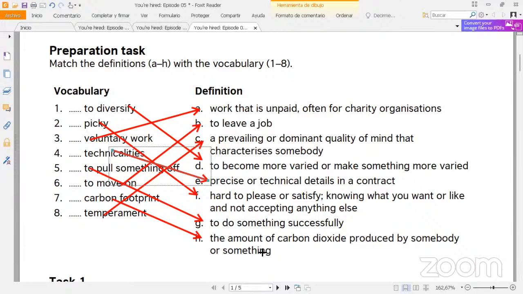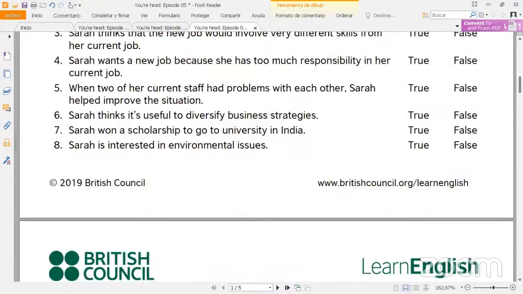They do have some carbon footprint. If they have cars, they pollute. So yes, there's an impact. To pull something off, don't forget, to do something successfully. Okay. All right.